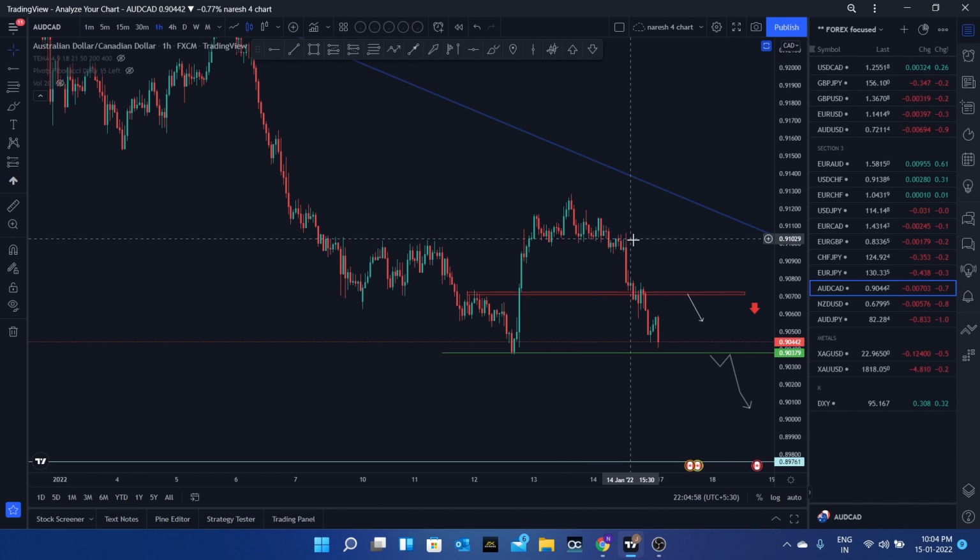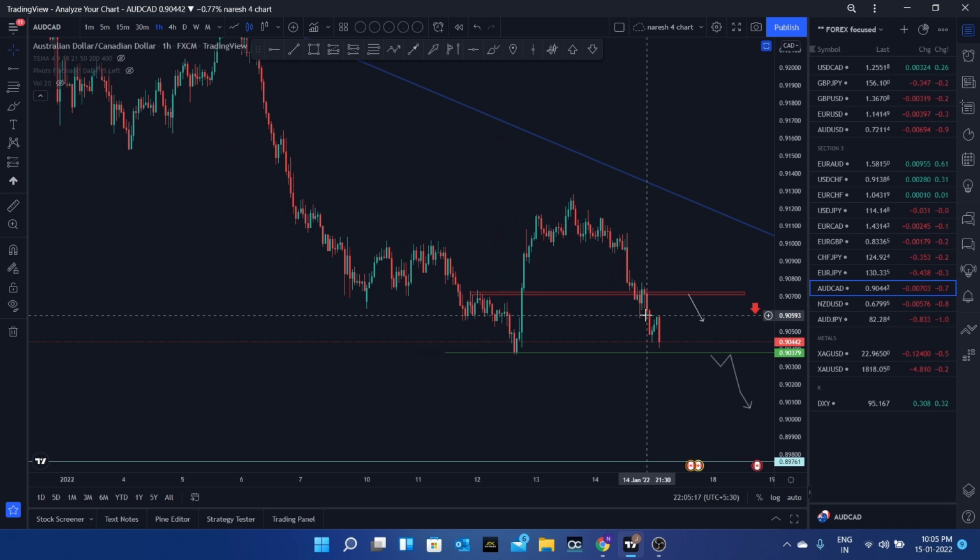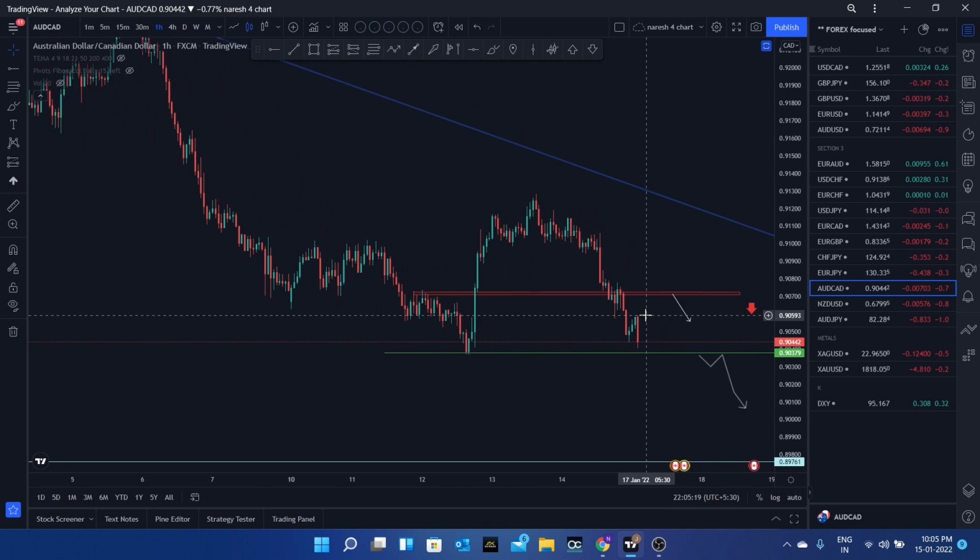And it broke the structure, and again it formed consolidation, and I entered here with my stop loss here, and my target was in this area, not too big. It should be around 1:7, I think. Yeah, 1:7. So my target already got hit, and I'm out of the trade now. But it was a good trade, guys.